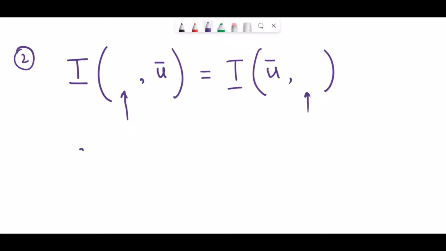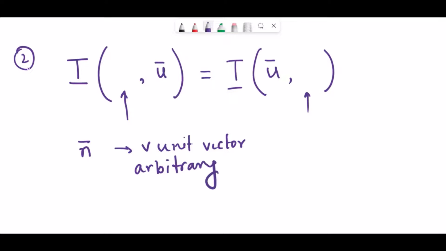Let n be a unit vector, which is otherwise arbitrary. Let's plug that in here, or here. They are equivalent. And what does this give us?